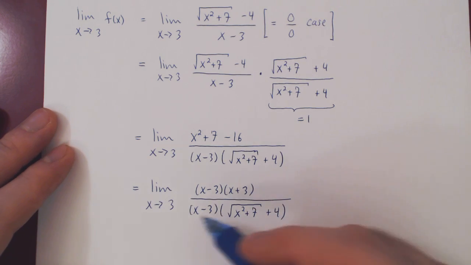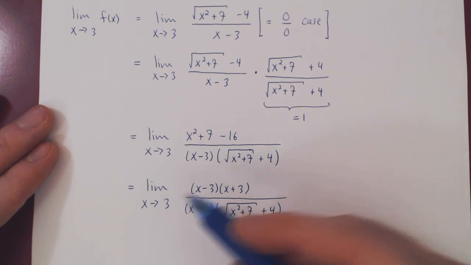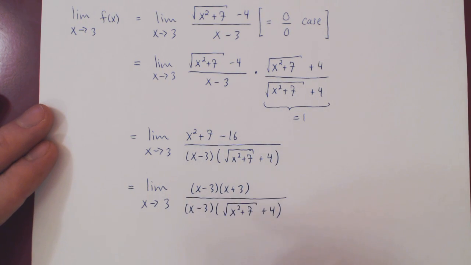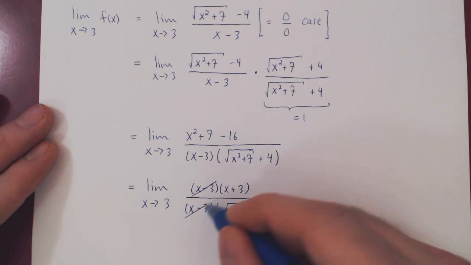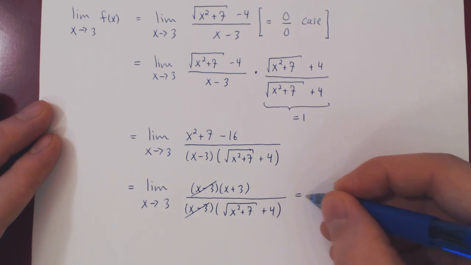And now we're almost done. As x is approaching 3, x is very close to but not exactly equal to 3. So x minus 3 is not 0, and we can cancel the common factor on top and on the bottom, and we're left with a very simple limit.